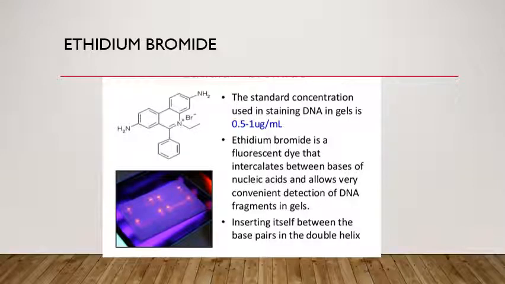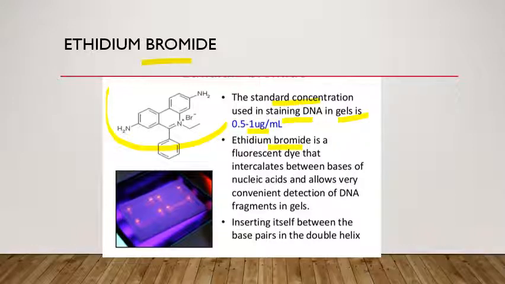To visualize the agarose gel after the migration, a dye is used, and the important fluorescent dye used to visualize the gel is ethidium bromide. The standard concentration used in staining DNA in gels is about 0.5 to 1 microgram per ml.